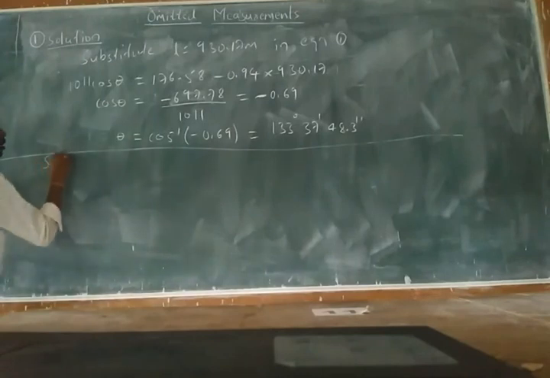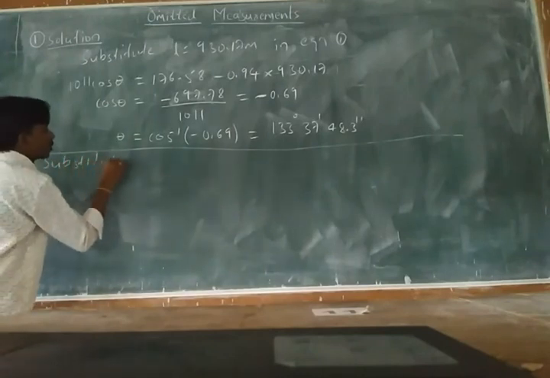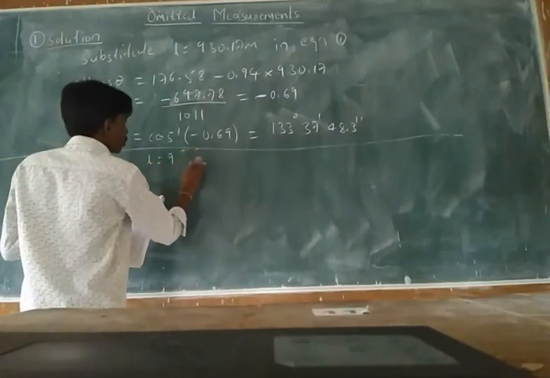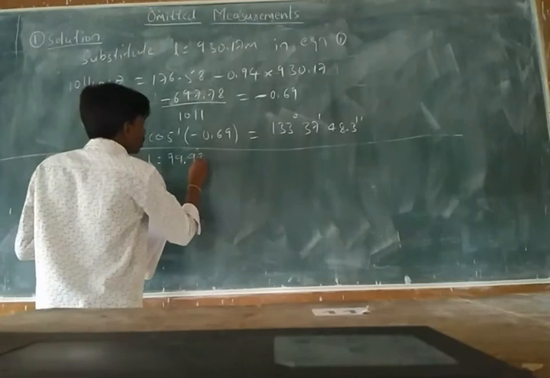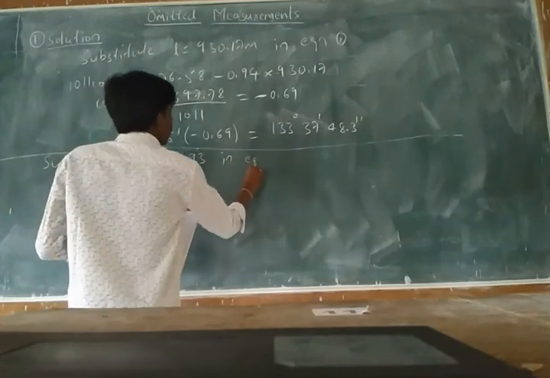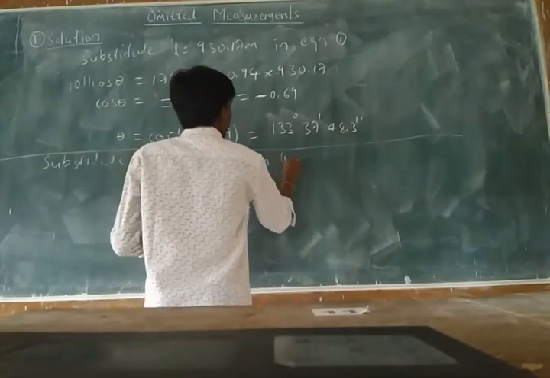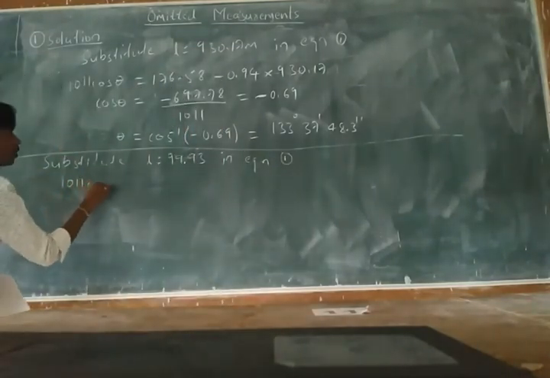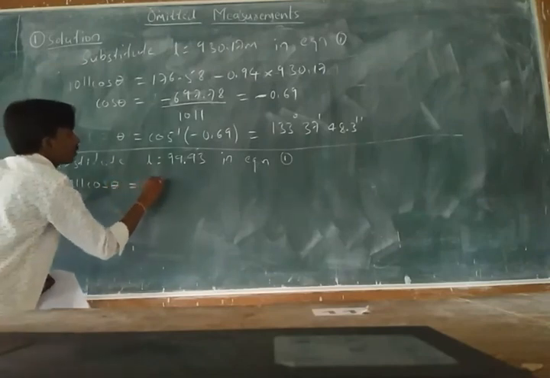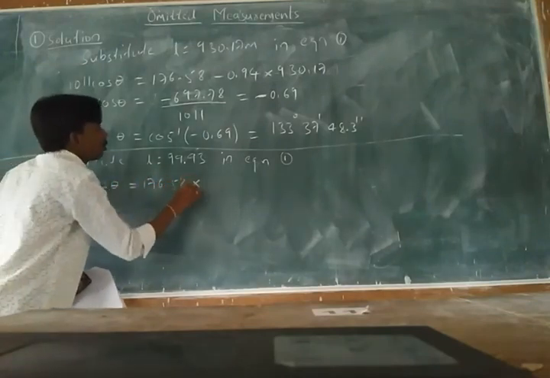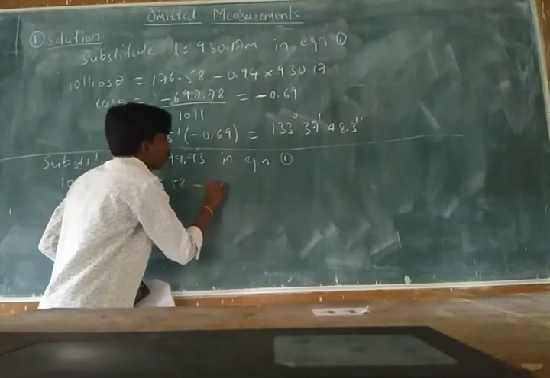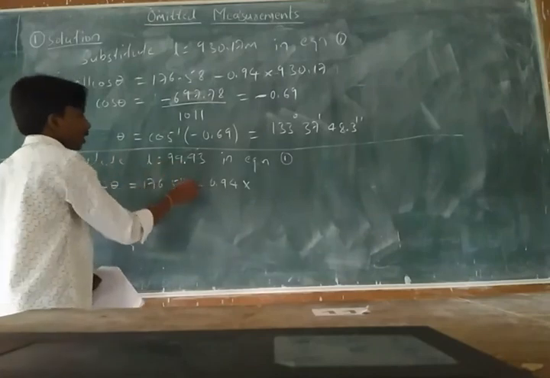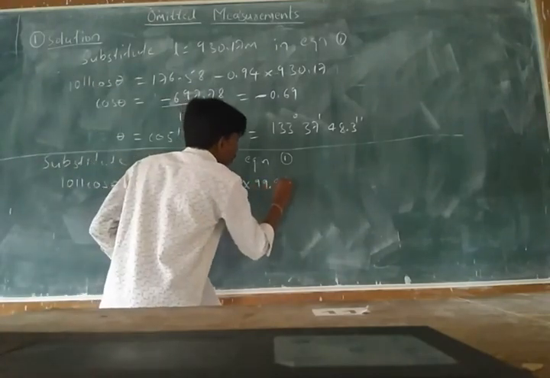So now again substitute L is equal to 99.93 in equation 1. Again in the same equation, 1011 cos theta is equal to 176.58 minus 0.94 multiplied by, now substitute this L value 99.93.